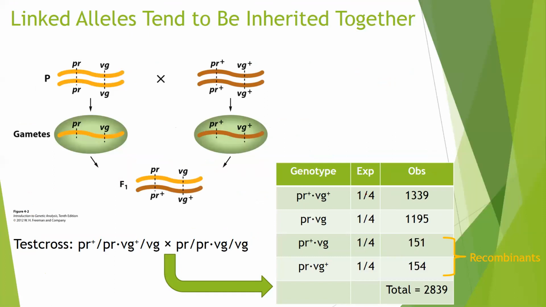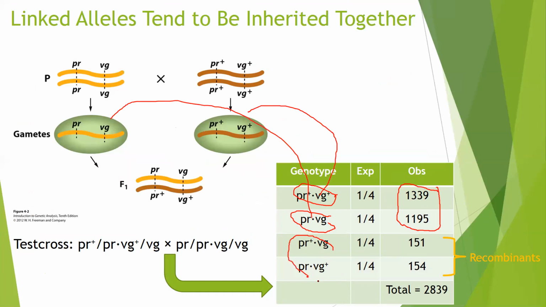If you see data like this, the majority of the progeny will represent their parental type. If you compare this and this, those two are parental types. But these here are different from their parental type. In the input genotypes, there's no such genotype here. So that's the new combination of the alleles.